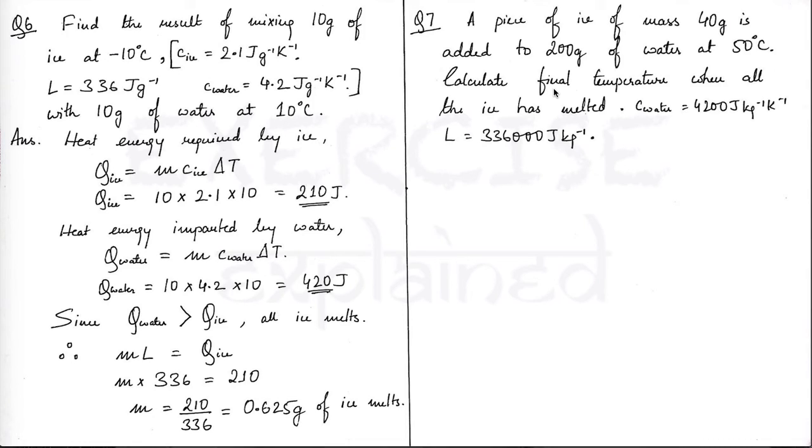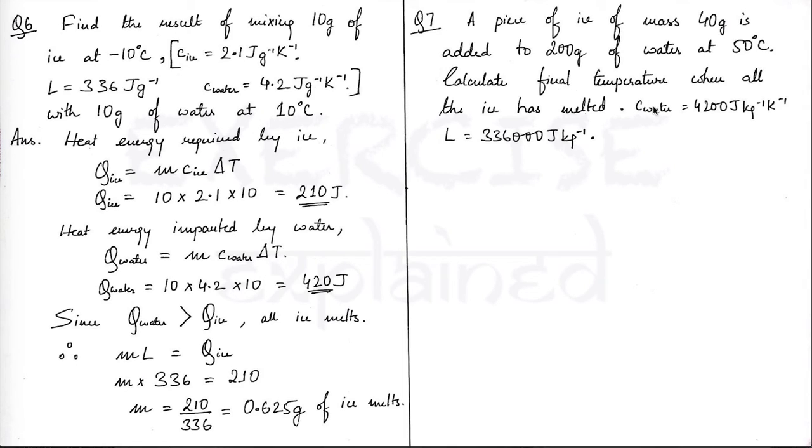Now we need to understand one thing here. The ice which is melting, after that the same amount of ice is getting converted to water. So there are two things happening in the case of ice. First it is melting, that is from 0 to 0, and then there is an increase in temperature.